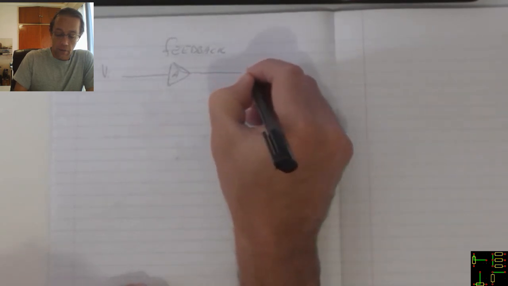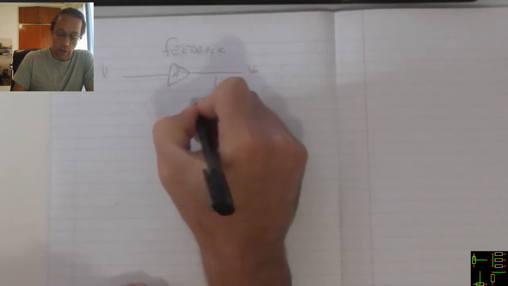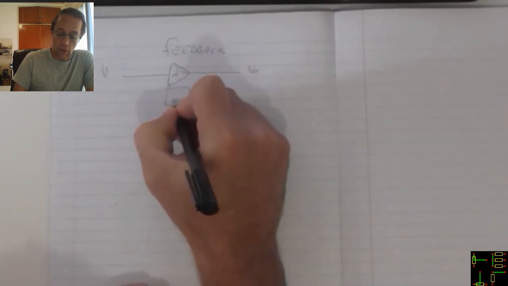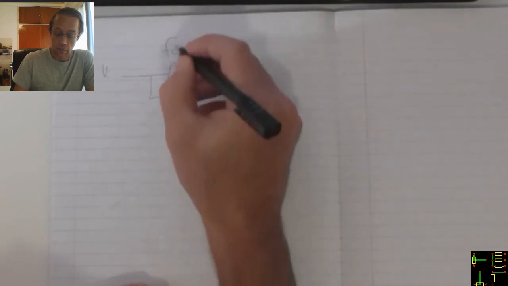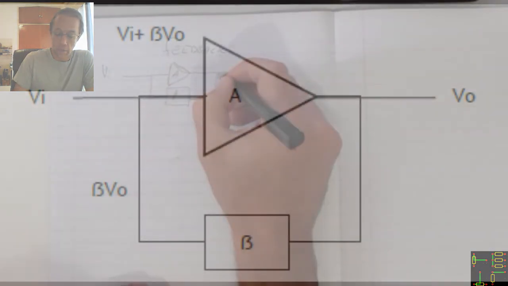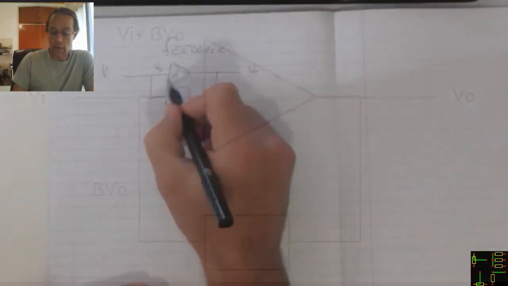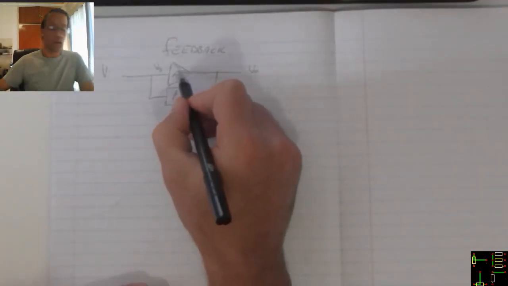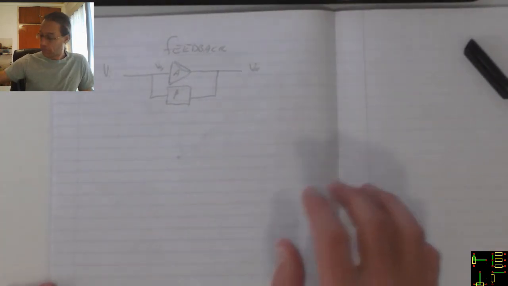That then serves to my output, and we will have a portion of the output signal fed back and added to the input signal to serve as my value that is actually being amplified.